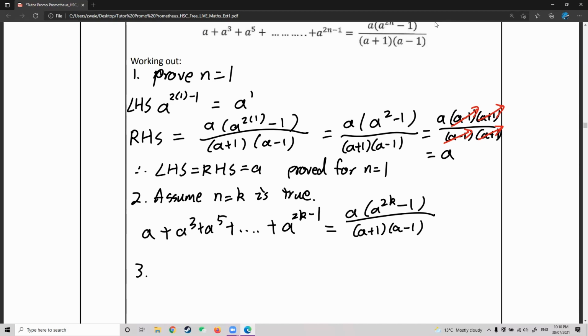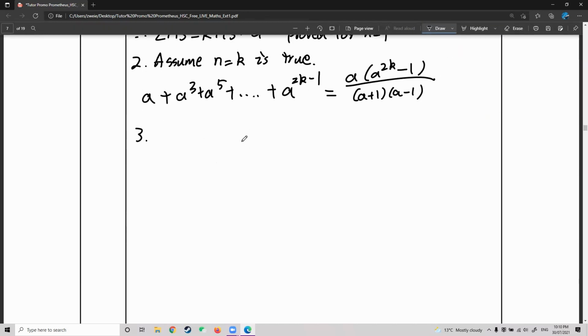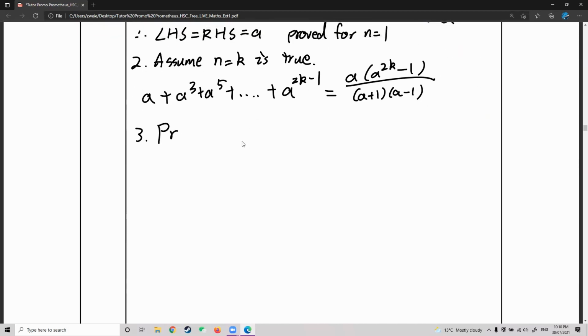Now step 3, prove n equals to k plus 1 is true.